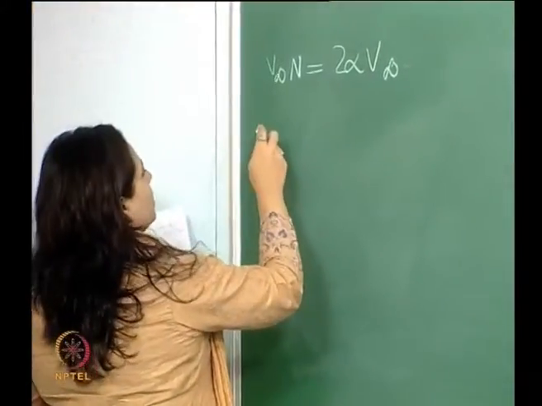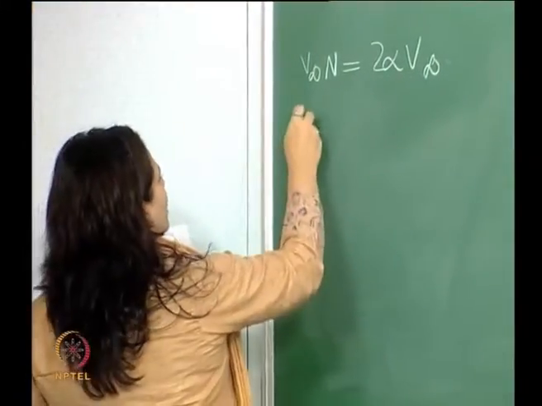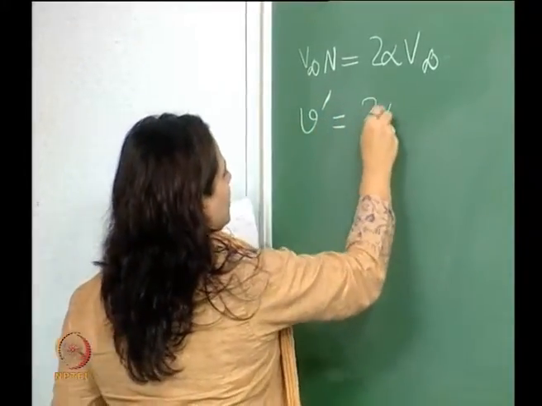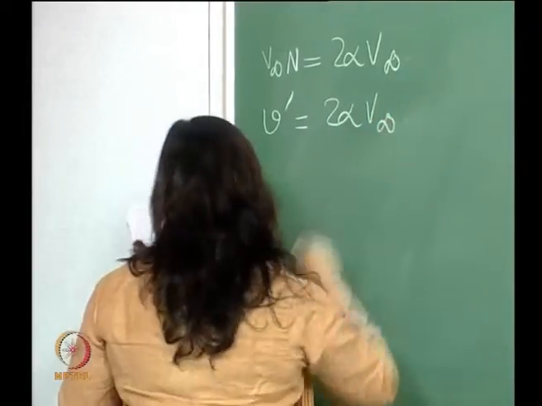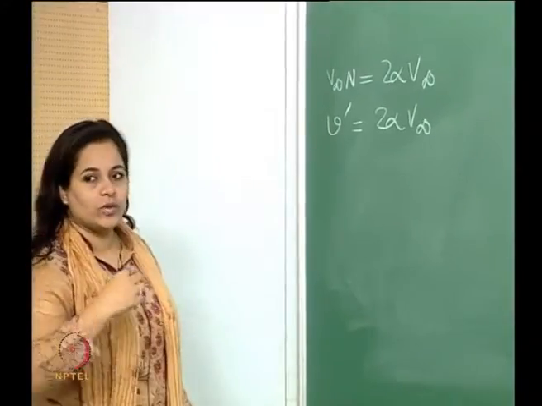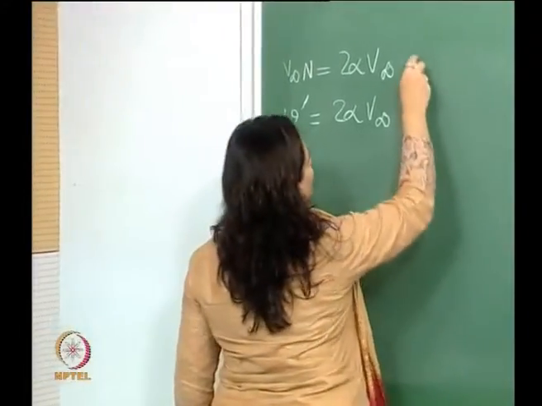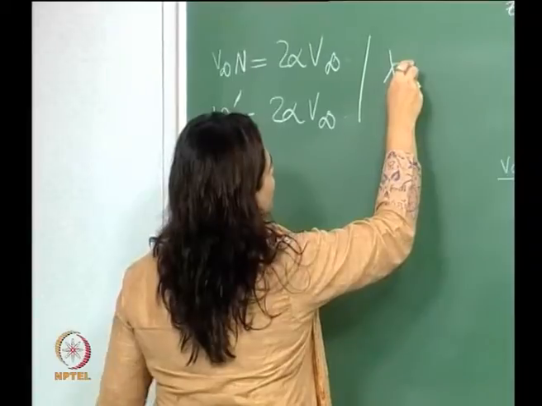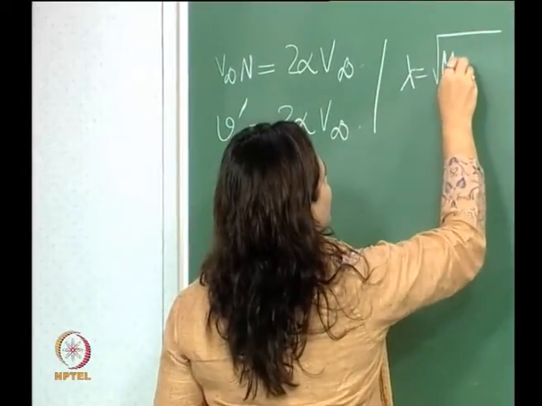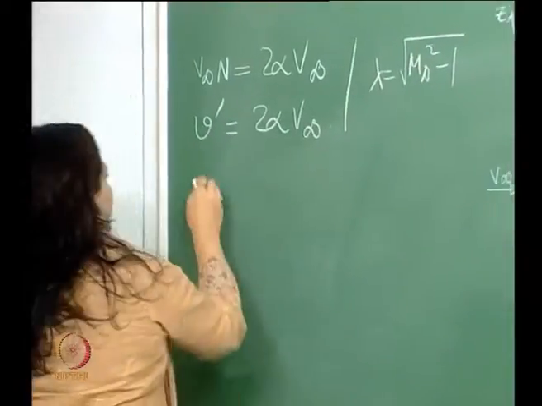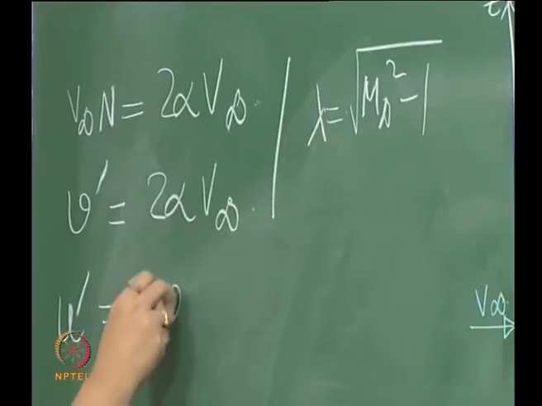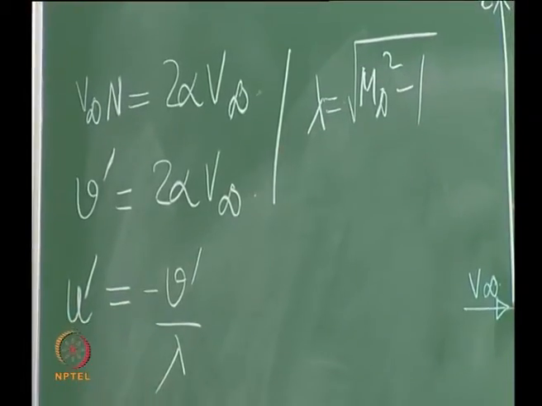Okay. So, if I use a perturbation theory here, this normal component is nothing but V dash, which is this. Okay. And if you remember, when you used the correction in this particular case, since this is supersonic flow, we will use this parameter over here, then our U component becomes this.